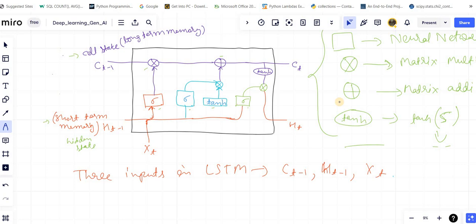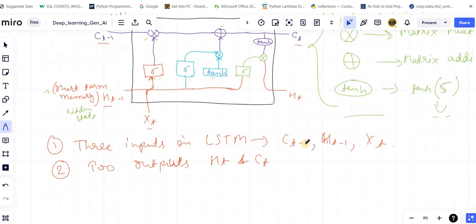These are the three inputs, and there are two outputs, ct and ht. So we need to connect all these dots. Just understand it step by step.